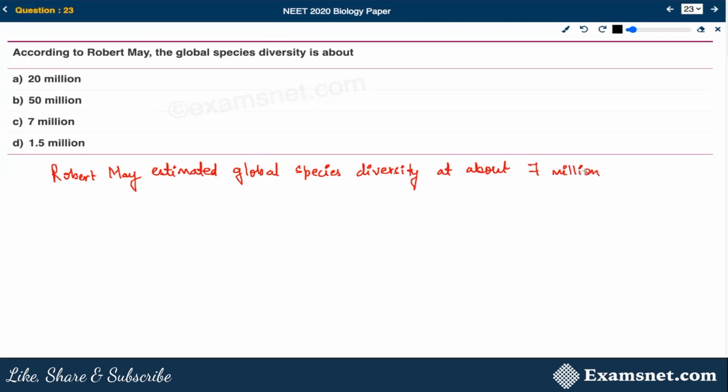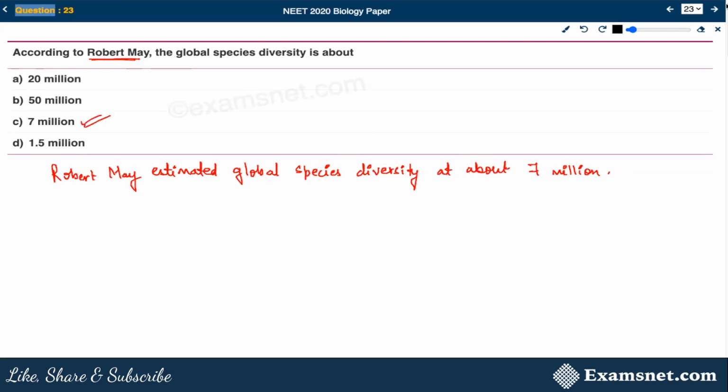So the correct answer is going to be 7 million. However, some extreme estimates might range from 20 million to 50 million. But since here it is talking about the estimate given by Robert May, our correct option turns out to be 7 million, which is option C.